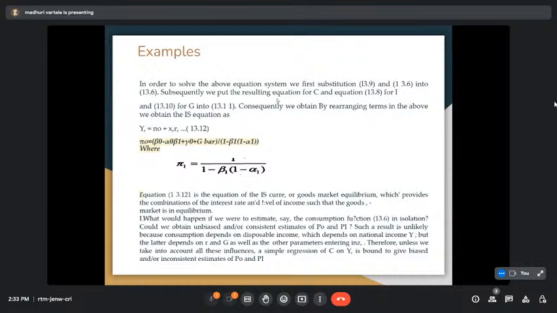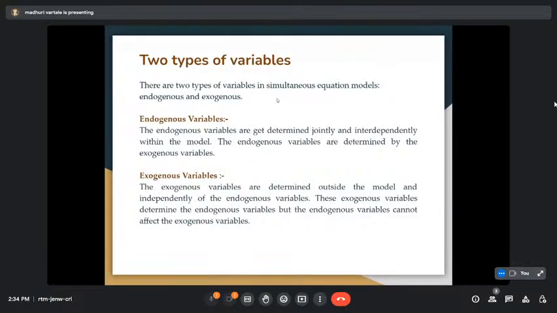Therefore, unless we take into account all these influences, a simple regression of consumption on Y is bound to give biased and inconsistent estimates of beta 0 and beta 1.